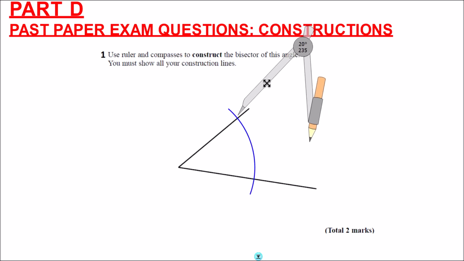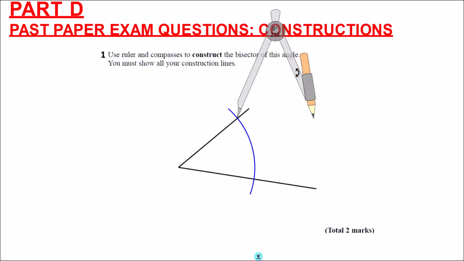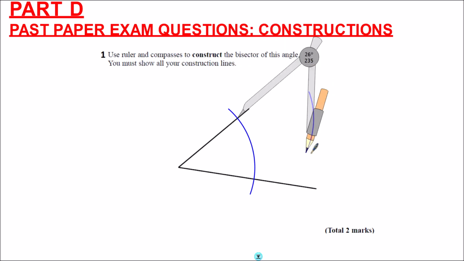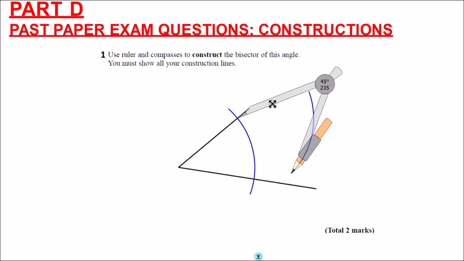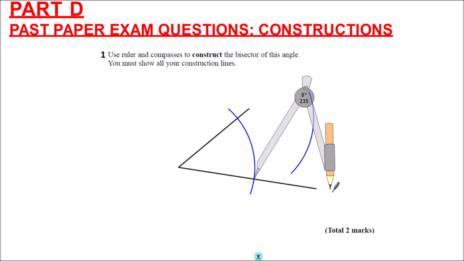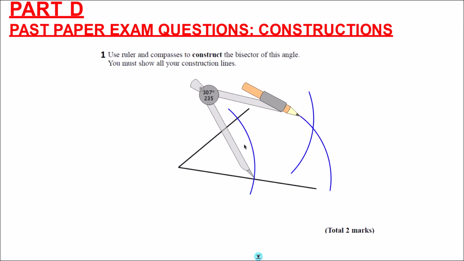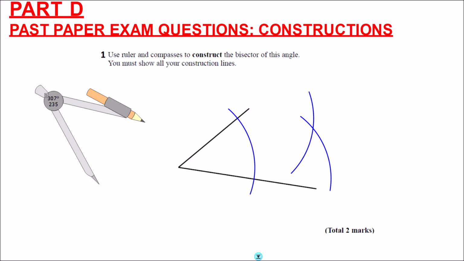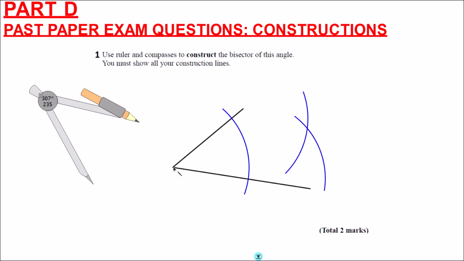We then move the compass needle to where the first bit of the curve cut the top edge of the angle, and do another curve in between the lines. Then move the compass needle to the bottom line where the curve cuts it, and do another curve going upwards that joins and crosses the other curve. Finally, we're going to do a straight line through where the angle begins, through where the curve's crossed, and that's the angle bisector of the question done. So that's 2 marks.